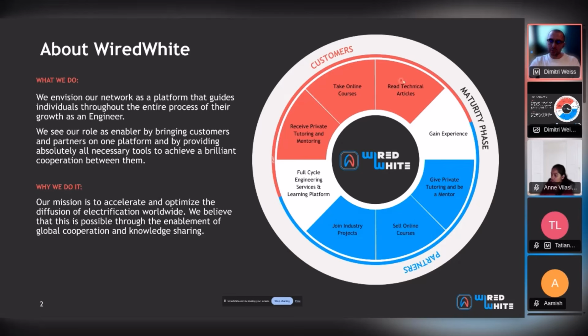We have technical articles. So as a, let's say, less experienced engineer, you can read those articles. You can read the technical reports that we have from our previous projects that our partners share with us or with our customers, their experiences, their insightful information, how-tos from the field of engineering, from using different engineering tools like SolidWorks or CAD tools like Fusion from Autodesk or basically any other engineering tool that they're using.